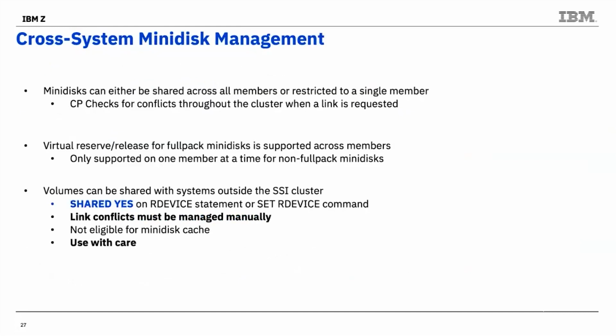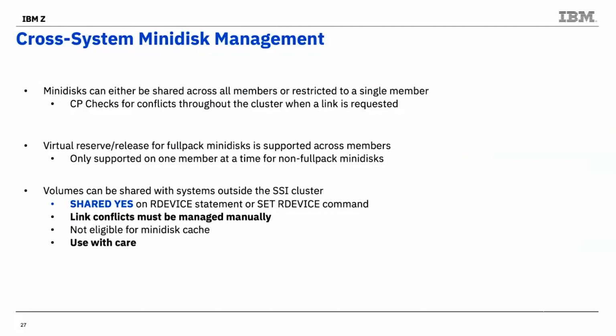Okay, a few more charts and attributes to discuss, but I think we're making good progress here. So as we noted earlier, minidisks can be shared across the cluster or restricted to a single member. Okay, so how do we actually manage that across the cluster?